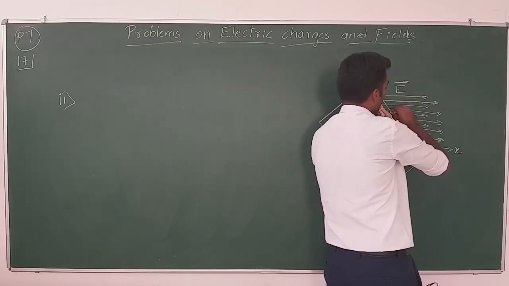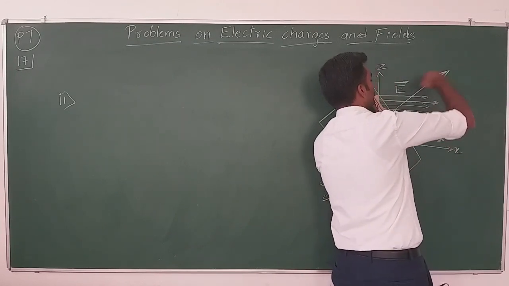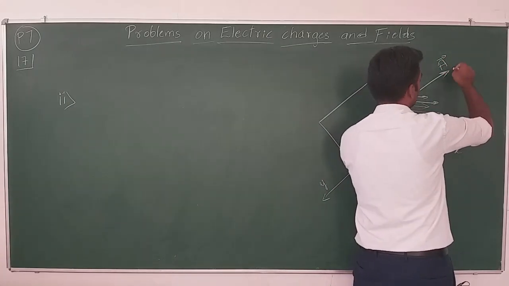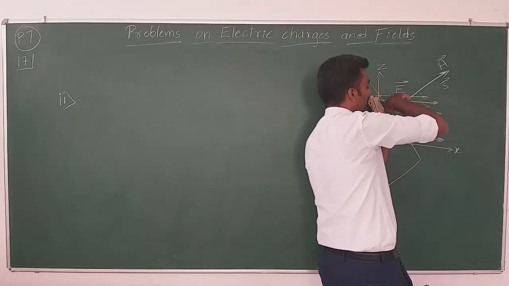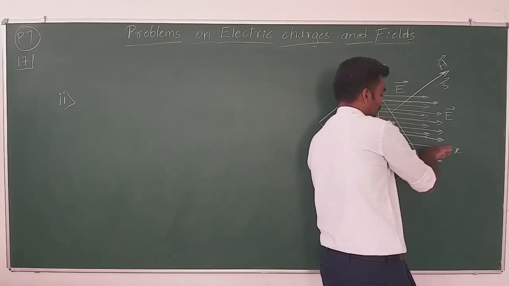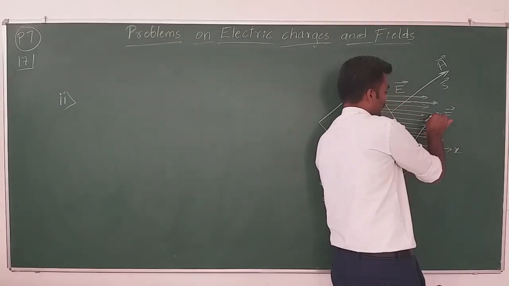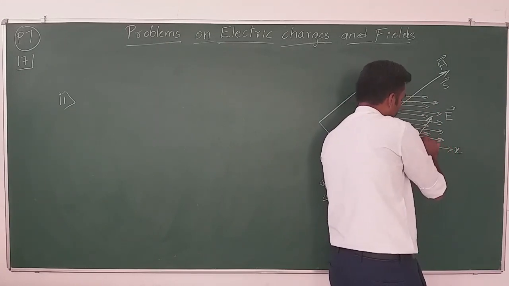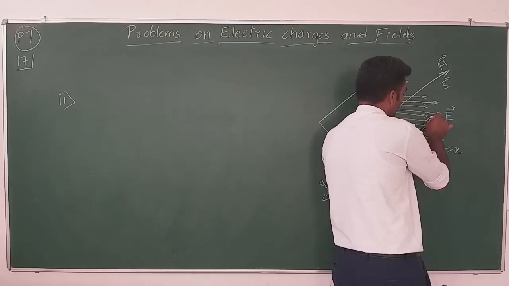This is the normal of the plane, which itself is the direction of the surface area A, or we can also put S. S is also fine. So this is the direction of surface area, and this is the direction of electric field, and this itself is the direction of x-axis. That's also fine. So this is the normal of the surface, and this is the x-axis. You have the angle between them given, 60 degree.